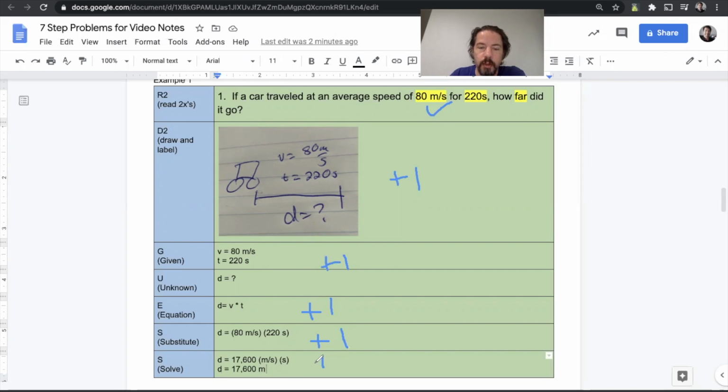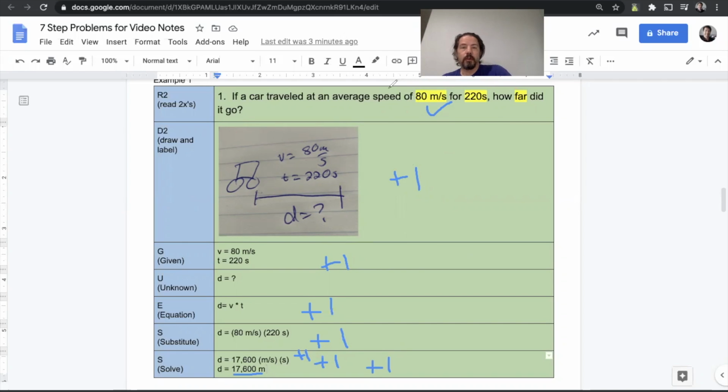You've solved appropriately. So in other words, you found the correct answer and you've written the correct units. So +1, 2, 3, 4, 5, 6, 7 for your solution.